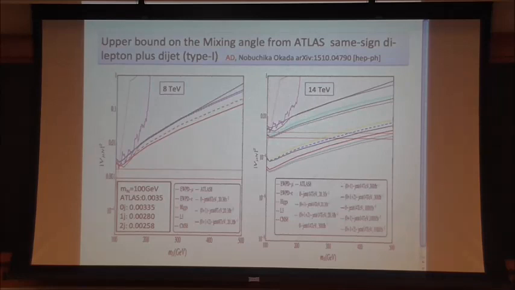So using all our production processes, we plot the mixing angles for the type 1 seesaw at 8 TeV and at 14 TeV. 14 TeV is the projected search reach. At 8 TeV, we have considered the mass from 100 GeV to 500 GeV, the same as done by ATLAS. We have noticed that if we pick the 100 GeV heavy neutrino mass, then the ATLAS mixing angle is given as 0.0035, and our 0-jet is also comparable to the ATLAS result.